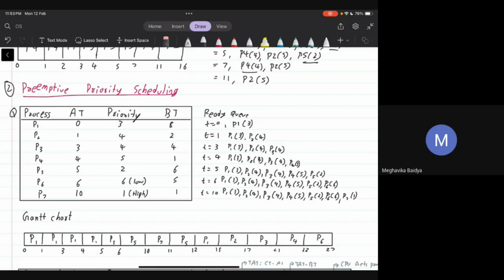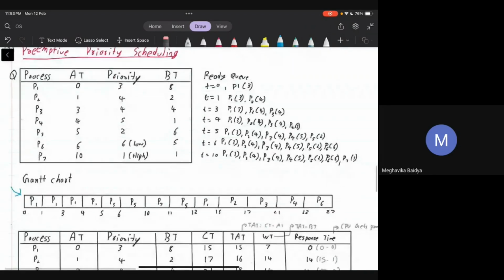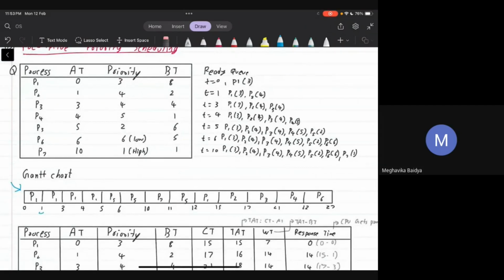So you will start that execution here in the Gantt chart, and for 1 second it ran. Because at arrival time 1, P2 is coming. P2 has a priority of 4. 3 and 4 is there. Since 3 has the higher priority, you will again run P1.